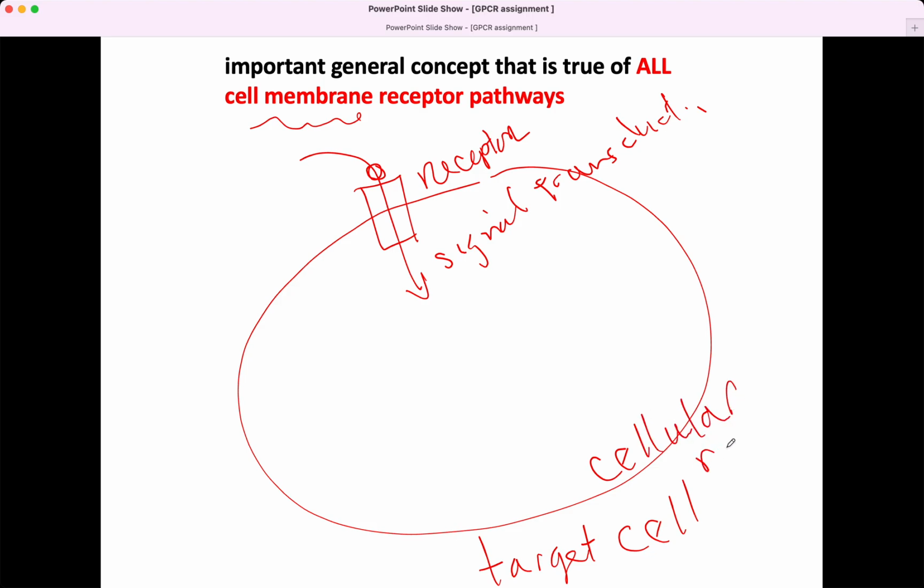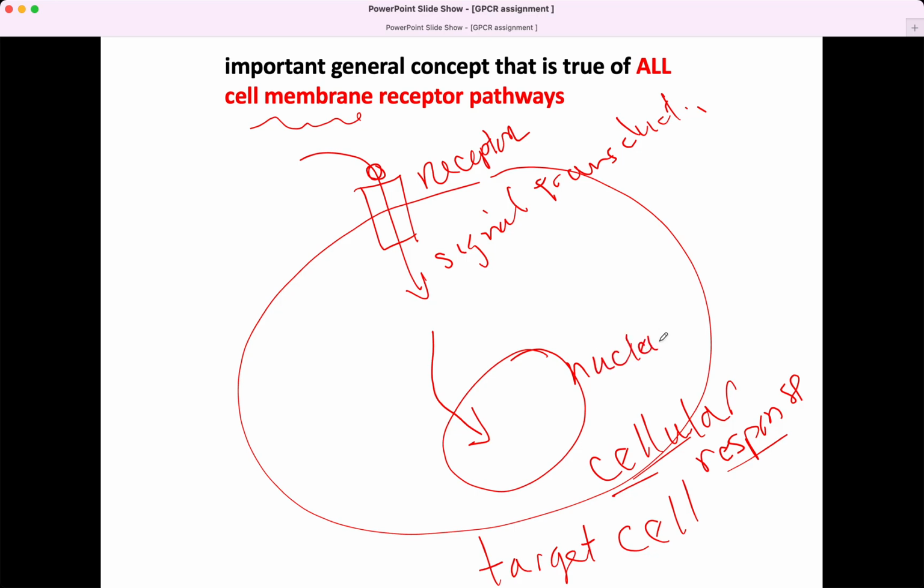And our favorite one going forward is that the cell goes through the cell cycle and we stimulate cell growth. But there are thousands and thousands of different types of cellular responses. They all fall into these categories. Sometimes the cellular response includes changing gene expression.